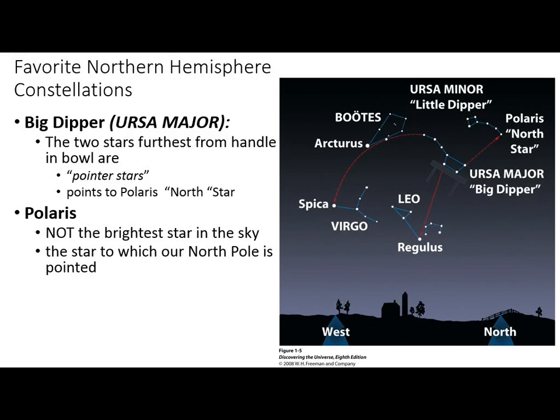Okay, so Polaris is an important star because everything spins around it right now. And the reason things spin around it is because our axis of rotation is pointed to it. So everything kind of spins around it. But it's not the brightest star in the sky by any means. That's another misconception. Sometimes people think, ooh, Polaris, it should be really bright. No, it's not.